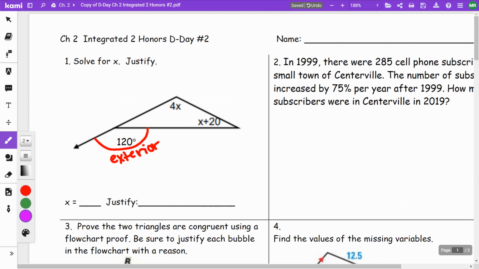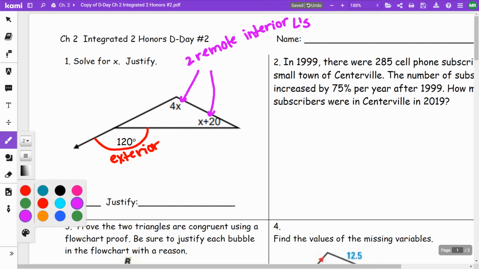And I'm going to think of these two angles as the two remote interior angles. And I know that the exterior angle is equal to the sum of the two remote interior angles.